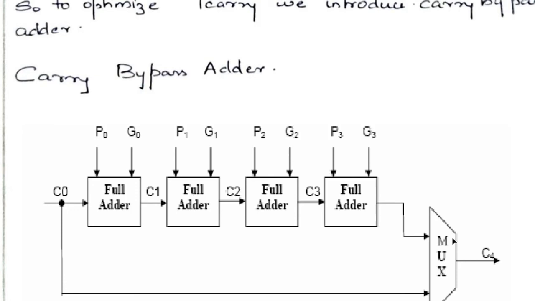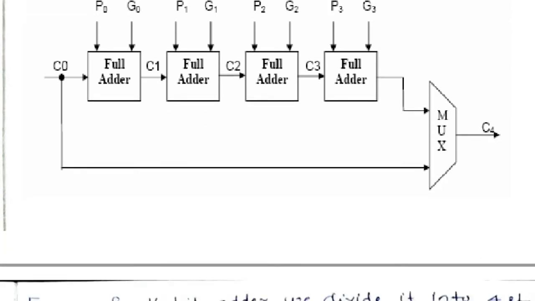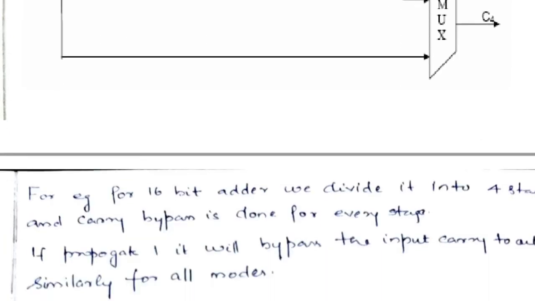Whenever the select line signal is equal to 1, then C4 is equal to C0. And whenever it is 0, then C4 is equal to the carry generated from this part. In that way, we can prevent this carry from rippling through the full adders, and it will save time.